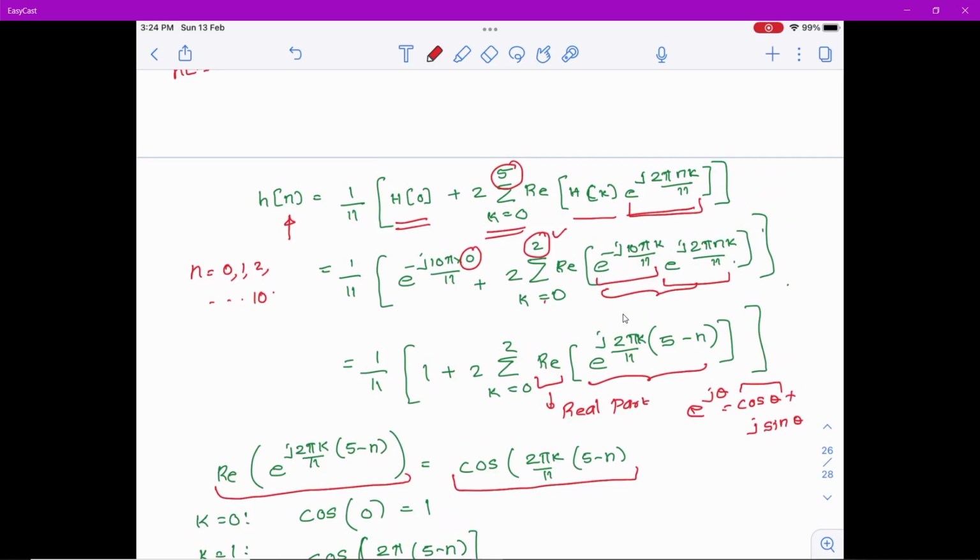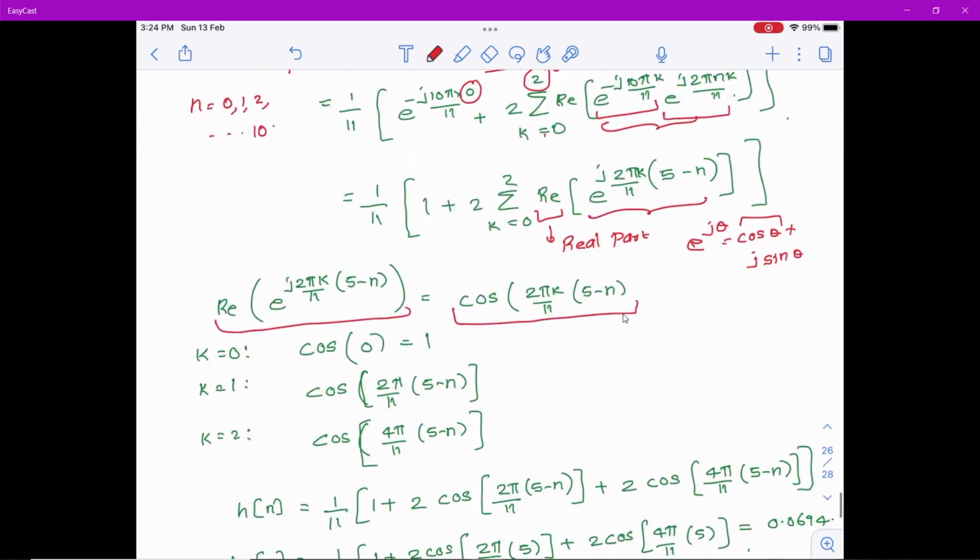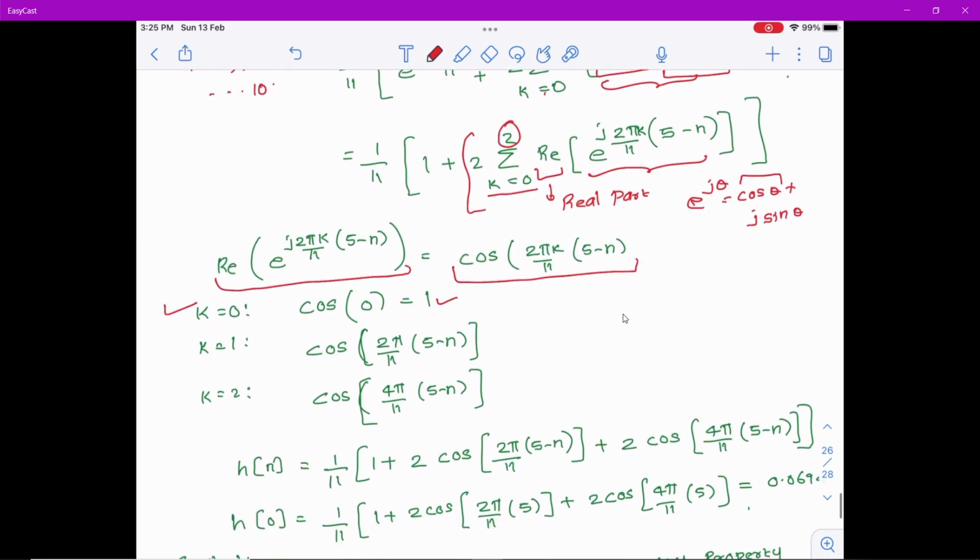Okay, before that you need to find out, so there is a summation here, k is varying from 0 to 2. So you put k equal to 0, it will be cos 0, which is equal to 1, k equal to 1, which is cos 2 pi by 11 into 5 minus n, and k equal to 2, which is cos 4 pi by 11 into 5 minus n.